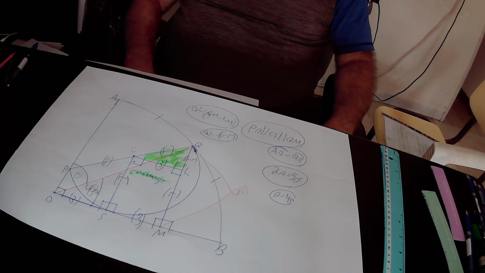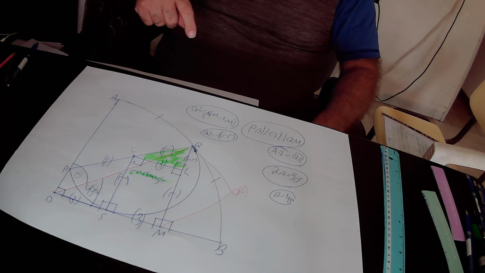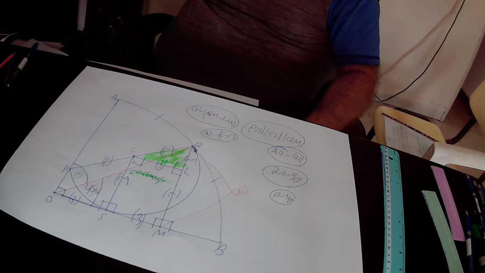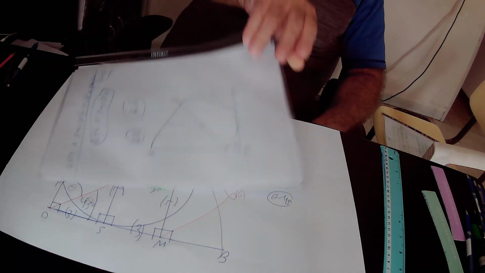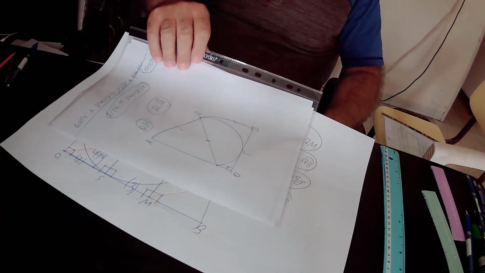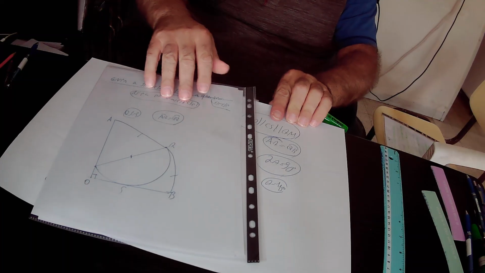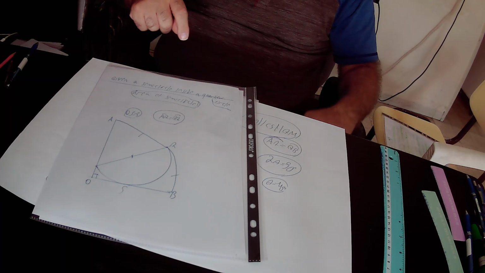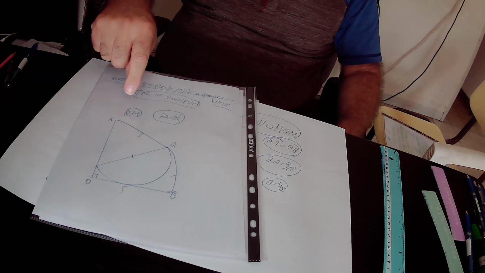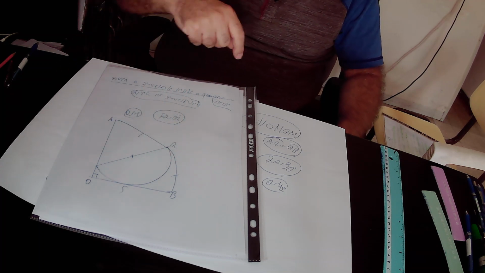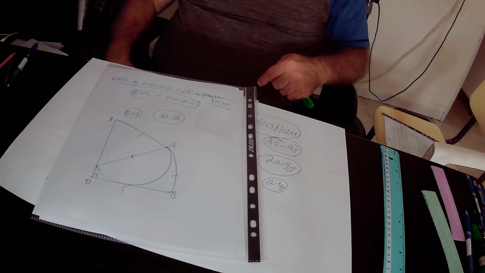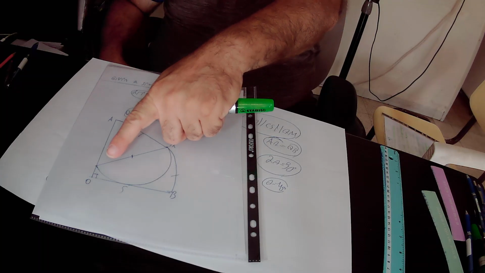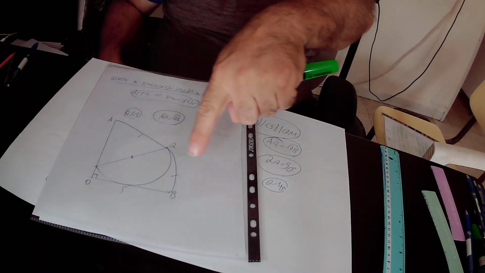Our task in the first question is to find the area of this semicircle that is inside the big quarter circle AOB. This is a right angle because AOB is a quarter circle.